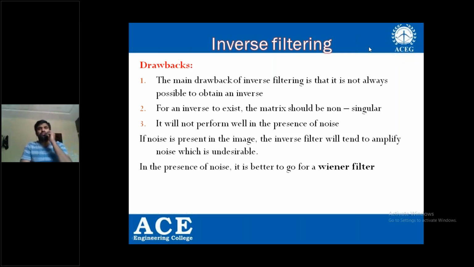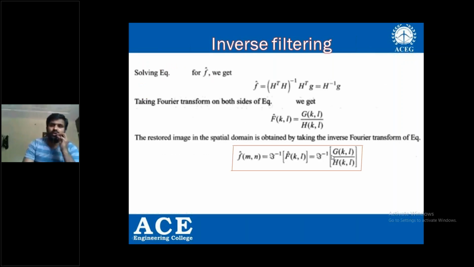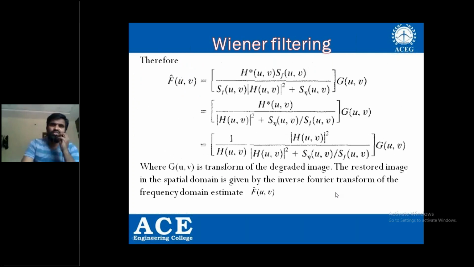When noise is present, we go with the Wiener filter or the constraint filter. In inverse filtering, we take the estimate f cap as simply G of k comma l by H of k comma l. In Wiener filtering, we calculate the power spectral densities, and by finding them, we take the relation for f cap of u comma v like this, right?